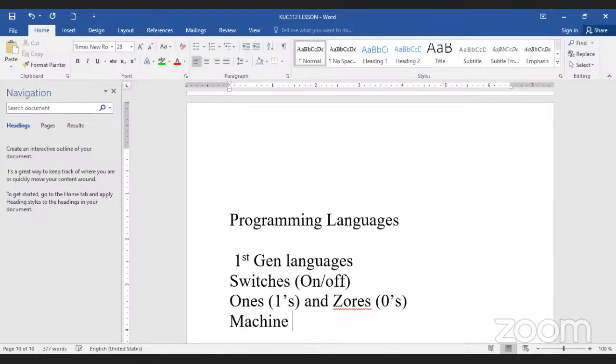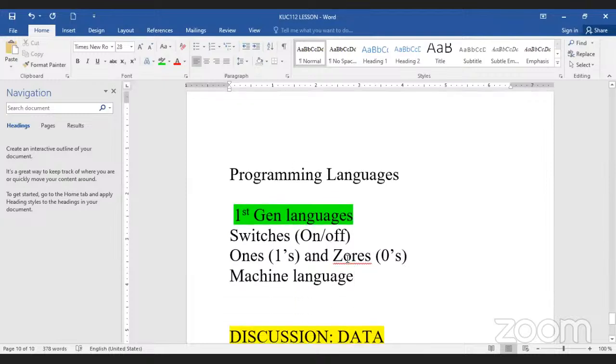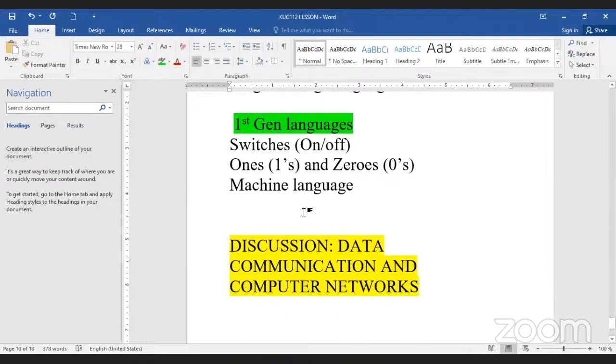Machine language, in other terms, is usually called computer language or low-level language, because it is the actual language that the computer understands. So the first generation computers only relied on machine language, zeros and ones. When you look at how these computers operate, you see they had switches that the operator was supposed to turn on and off for the vacuum tubes to operate.